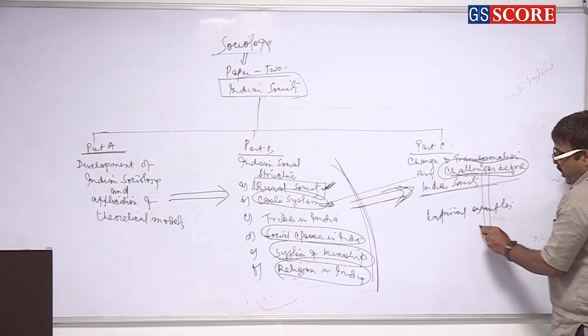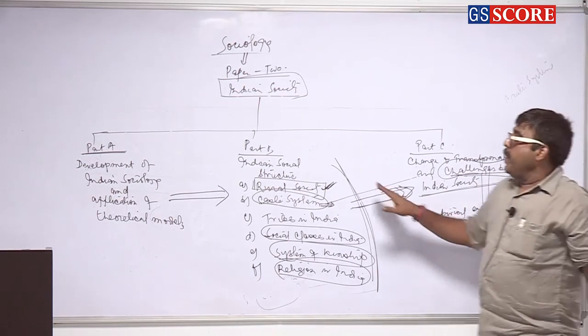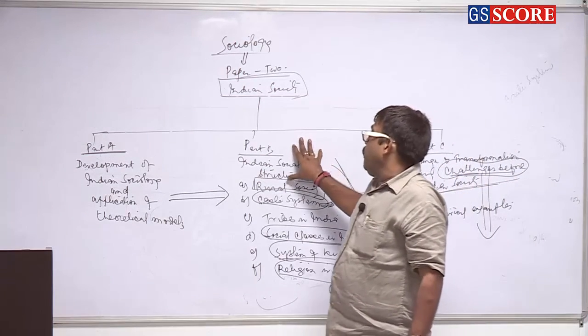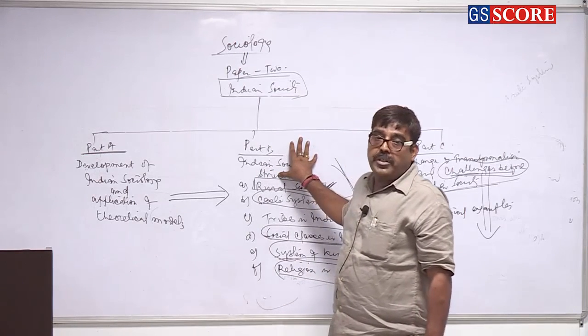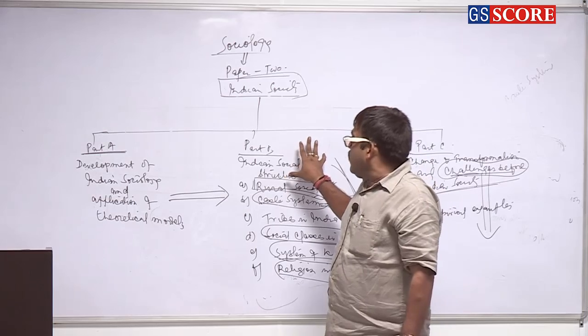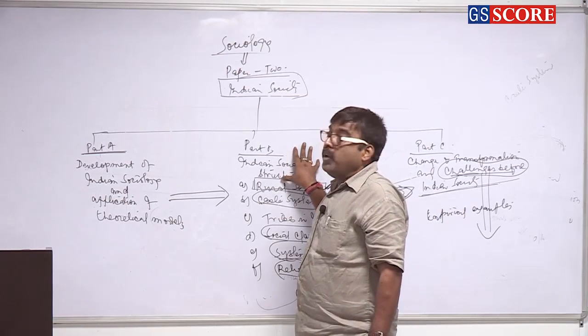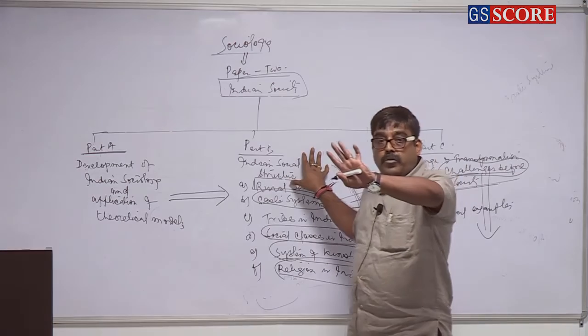In that way you will have to approach the entire sociology, which will fetch you the desired marks, and in that perspective you would be able to realize your dream.